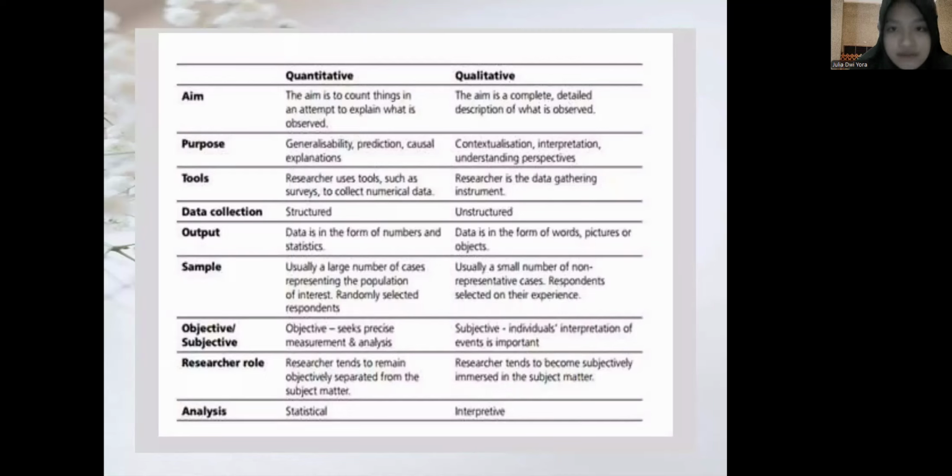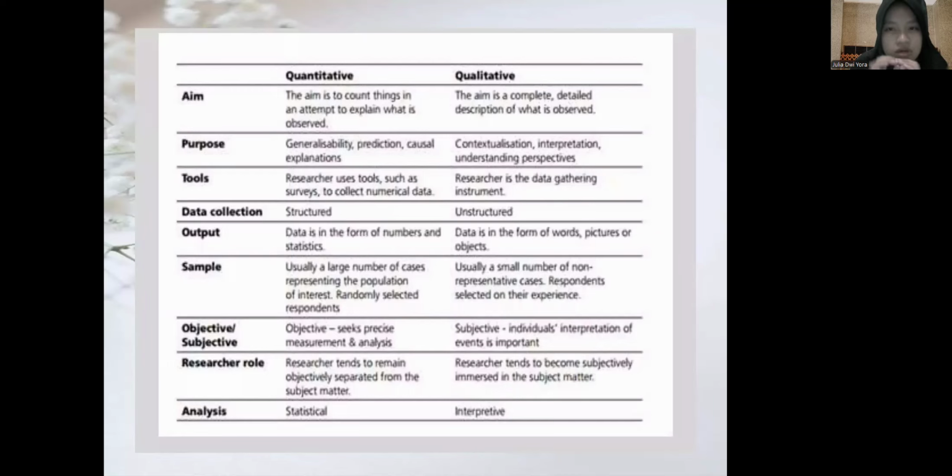But in qualitative, this is a complete, detailed description of what is observed. So in the quantitative there are numbers, but in qualitative it's much more descriptions. From the purpose, in quantitative it's generalizability, predictions, and causal explanations. But in qualitative, this is contextual interpretations, understanding, and perspective.